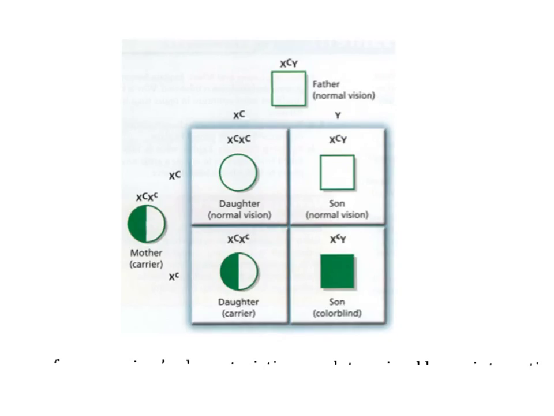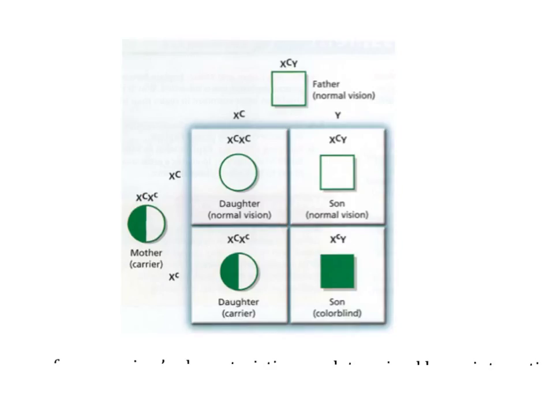This Punnett square does a good job of showing some options. In this case, we have an example of a mother who is a carrier. And you can see that she is a carrier, not just because it says that she's a carrier, but because she has one capital C and one lowercase c, meaning that she has one of the recessive alleles and one of the dominant alleles.